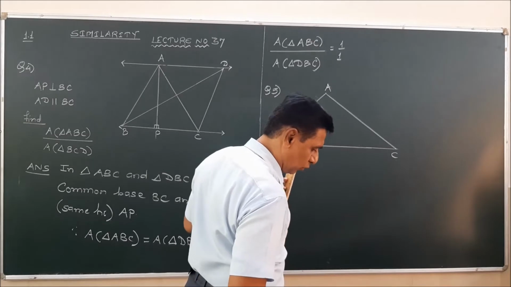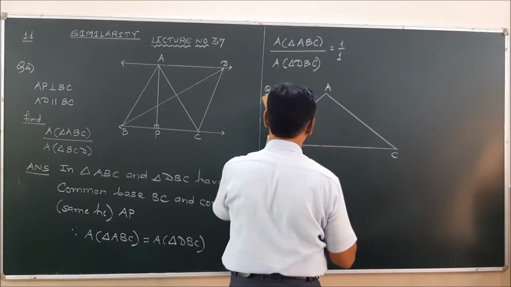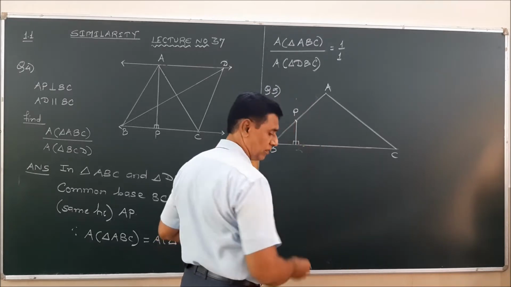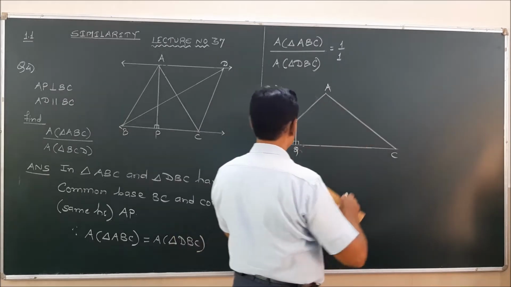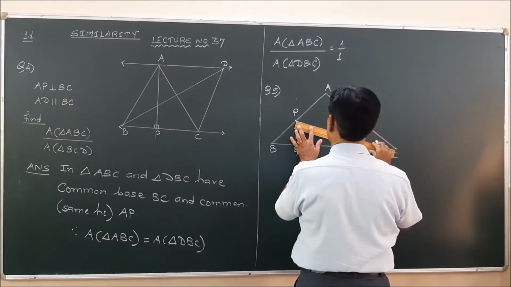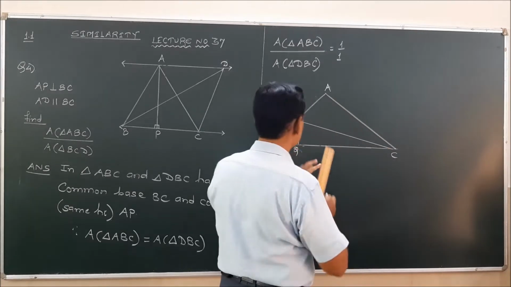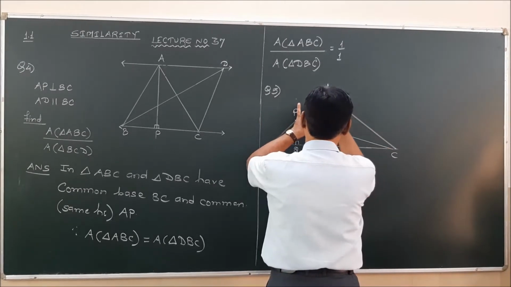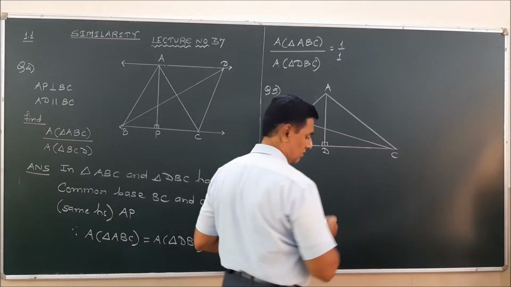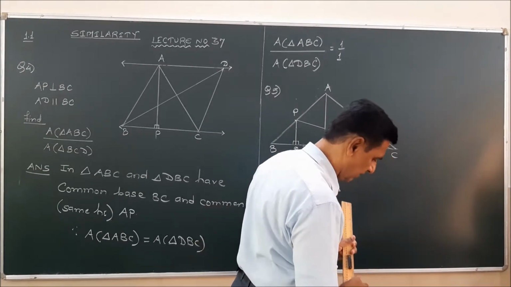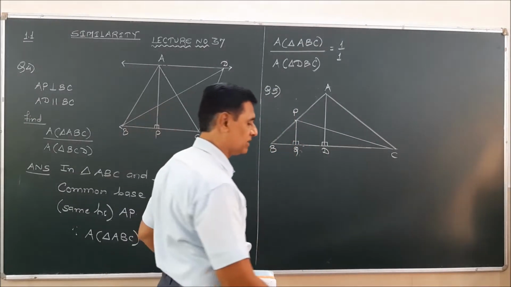Here on AD there is a point P. From point P, PQ is drawn perpendicular. Then PC is joined. As well as AD is also drawn perpendicular over here. Correct? Okay, fine. Now, more or less, this is the figure on page number 6.